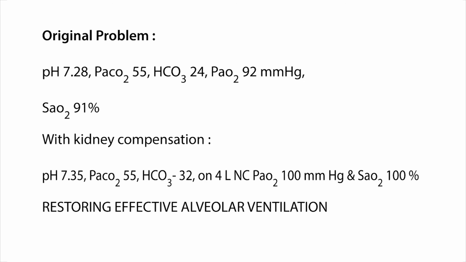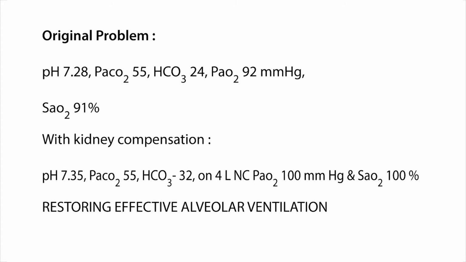So our original problem was a pH of 7.28, carbon dioxide of 55, PaO2 of 92, and SATs of 91%. With a functional kidney and compensation over time, if ventilation is not effectively managed, the bicarbonate will increase to 32, which will correct the pH to 7.35, still on the acid side, but in normal range.